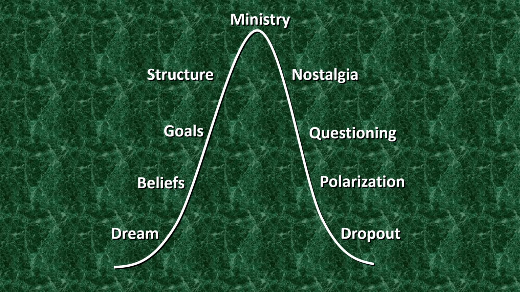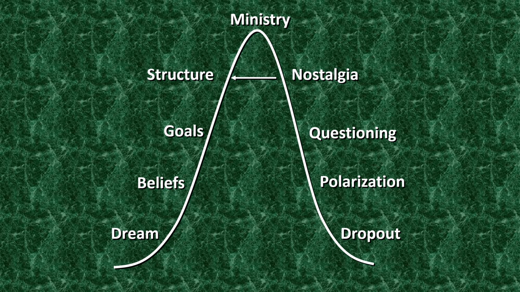We actually create a different bell-shaped curve that helps us move forward by beginning to address our dreams again, our beliefs, our core values, our goals, and the structure of the church. And when that happens, we can redevelop forward. In reality, we don't really redevelop backward. We always redevelop forward.